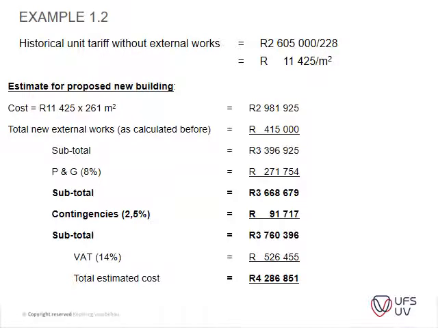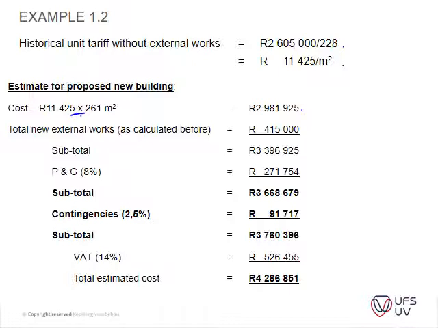Let's do the same with our square meter calculation. Your historical unit tariff without external works is divided by the total area to get to your rate per square meter. Then you calculate your base estimation.